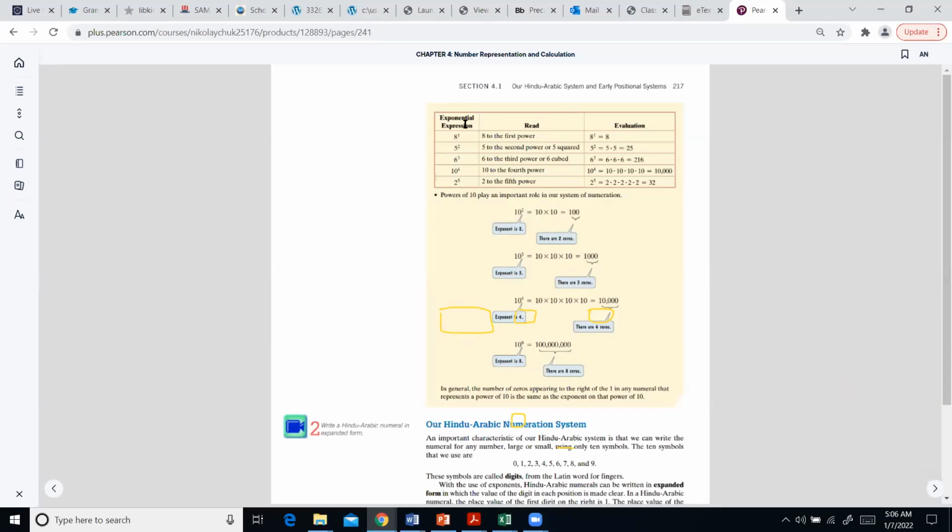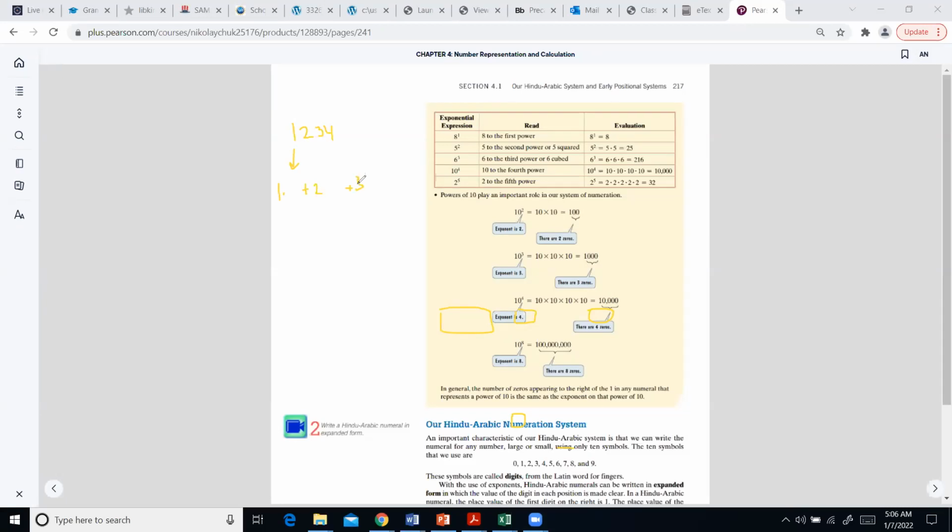So what they're talking about here on the next page is numbers such as, for example, 1, 2, 3, 4, and they say that this shows 1 plus 2 plus 3 plus 4.